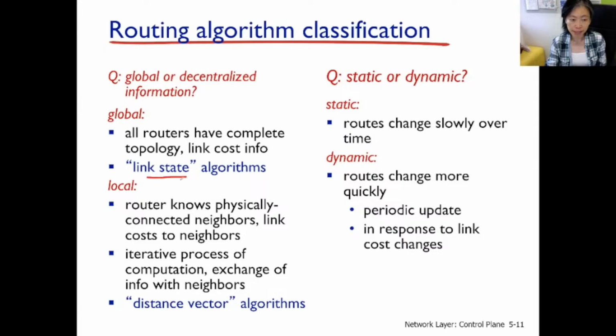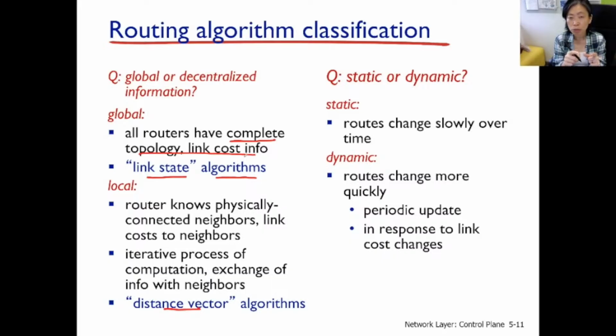First is called the link state algorithm. Second, distance vector. The link state routing works this way. Inside the network, each router implements an algorithm. Before this algorithm can be triggered, the router needs to wait to have the complete topology and link cost information. What I mean by complete topology is this.